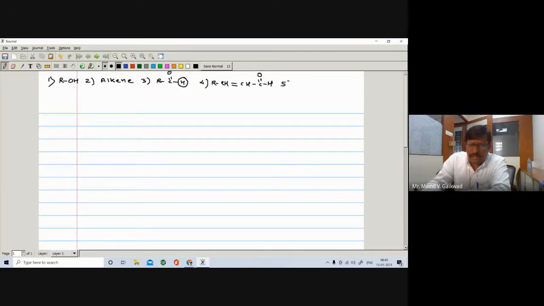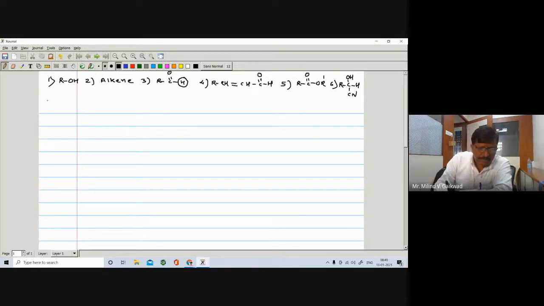Then we have seen retrosynthesis of ester, R C double bond O, O R dash, maybe same, maybe different. Then we have seen retrosynthesis of cyanohydrin, R C O H. Here is a H and here is a Cl.